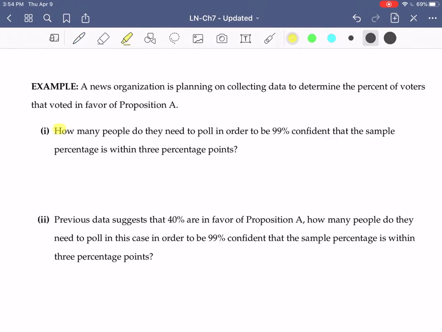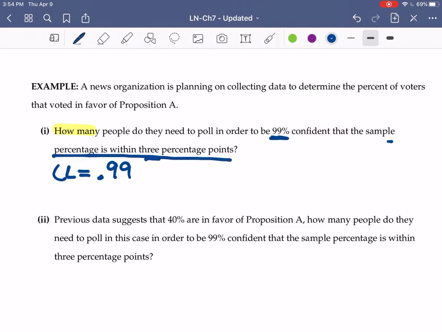We want to know how many. We need to find a sample size, and that's what clues me in. We need to know how many in order to be 99% confident, so our confidence level is going to be 0.99. The sample percentage is within 3 percentage points, so our margin of error is 3%.